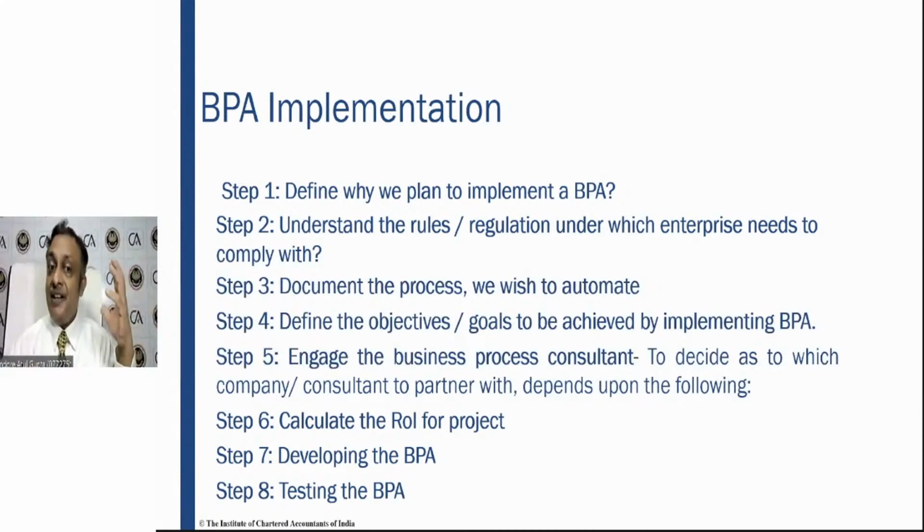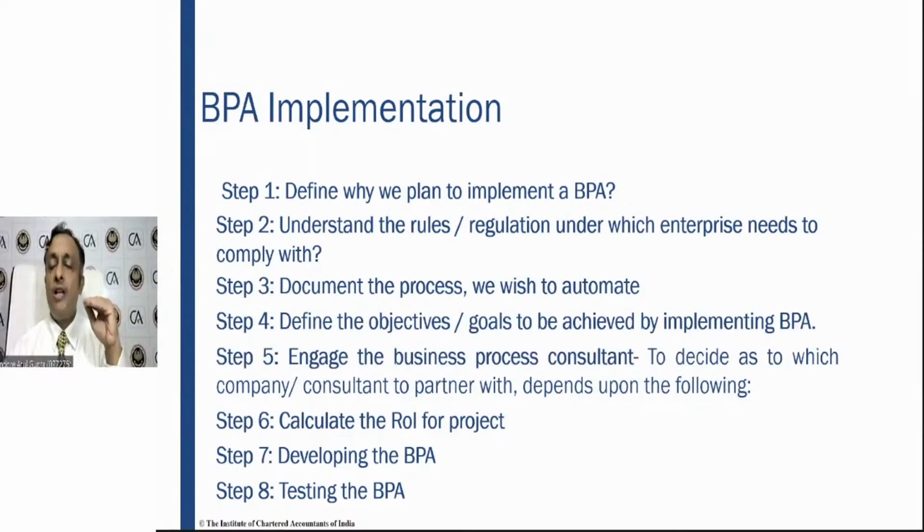BPA implementation: define why we plan to implement BPA. So first is why business process automation. Second, understand the rules and regulations with which the enterprise needs to comply. This is very, very important. Please understand, governance compliance was one of the parts of the vision strategies we talked about.